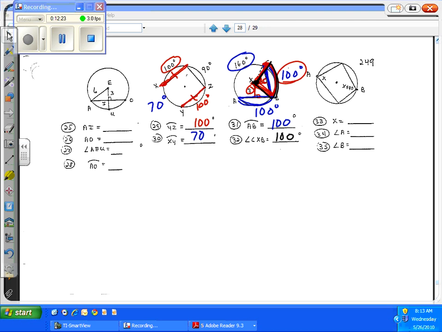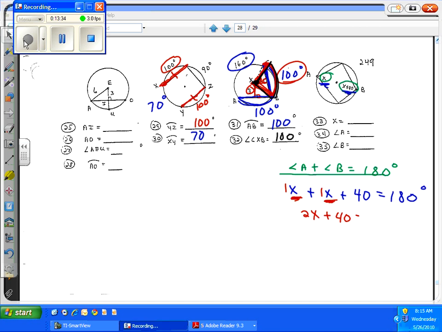Okay. We know that if a quadrilateral is inscribed in a circle, then opposite angles are supplementary. Supplementary are two angles whose measures have the sum of 180. So angle A plus angle B is equal to 180 degrees.